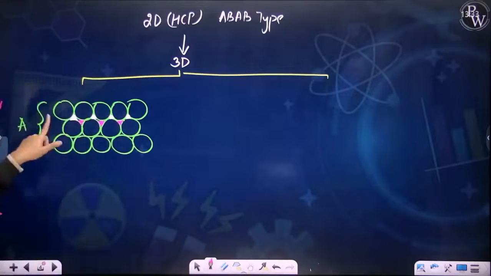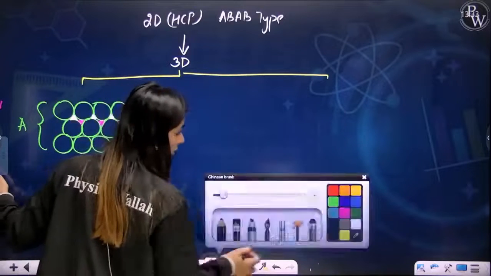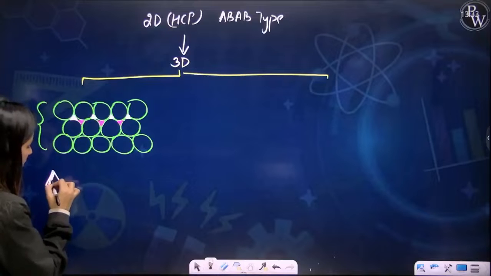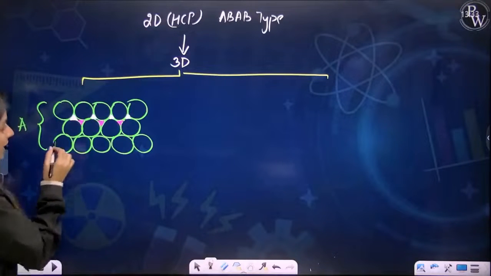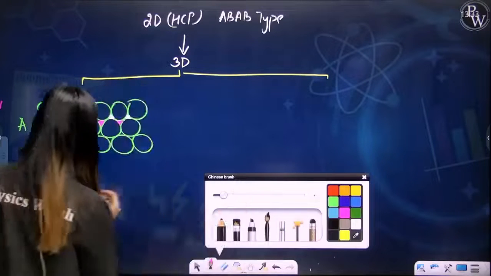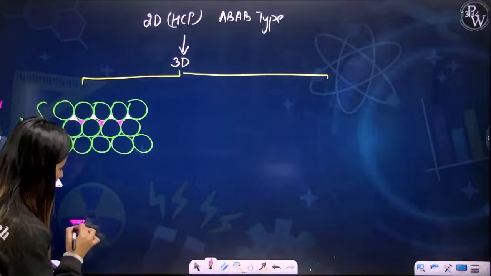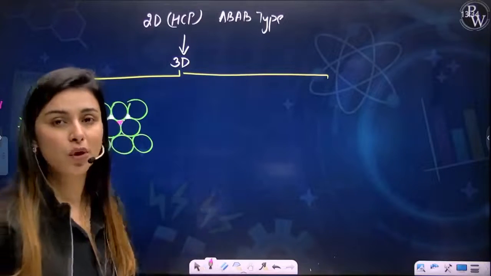We have white voids, which are the triangles on the upper side, and then we have pink voids, which are facing downwards, right?